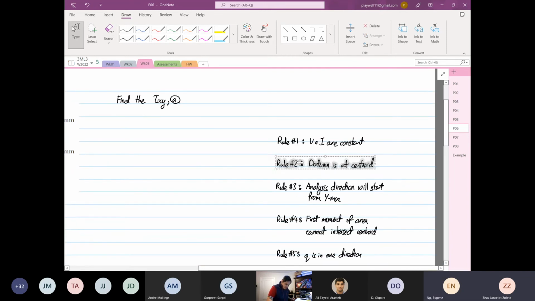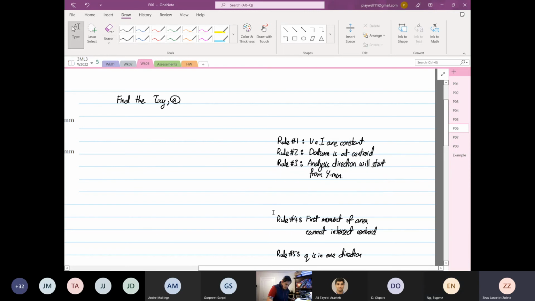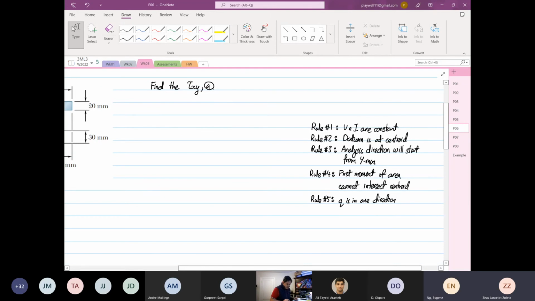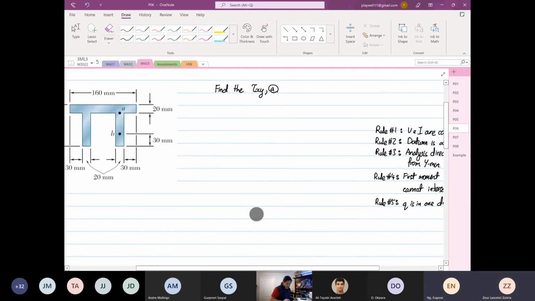If you have to do a help sheet, or today you have to remember anything, it is these rules that you have to remember. I make it compact for you. These 5 rules. The first 4 are the most commonly used. The 5th one is quite rare. In some cases you have to use it.